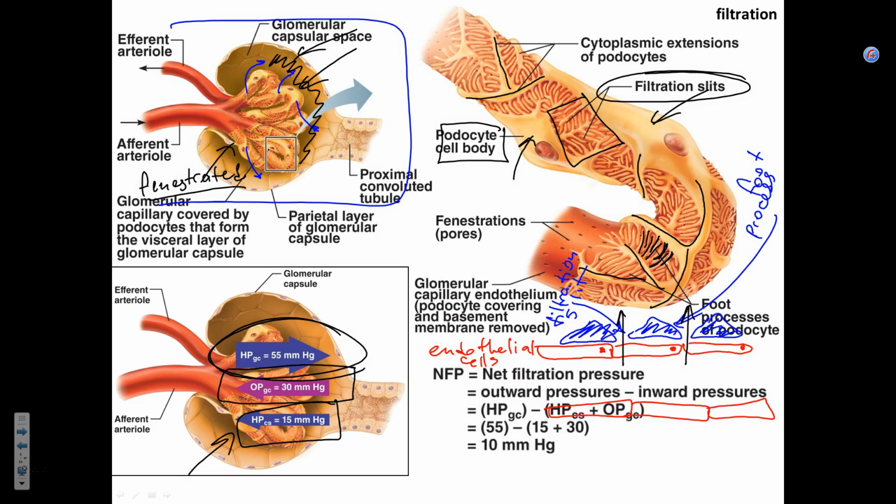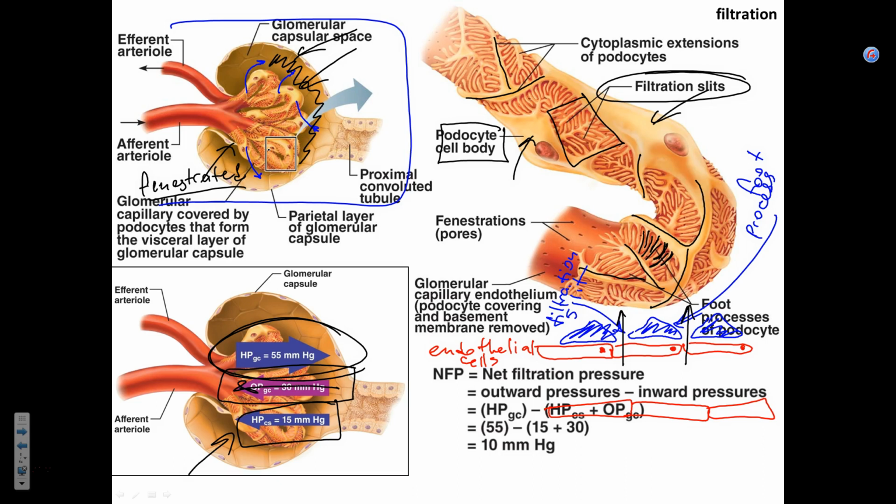Osmotic pulls it in, yes. So osmotic capillary pressure, formed by the blood proteins, mainly albumin, drives the fluid back into the capillary. The osmotic one is in the center, that's the purple. The one at the very bottom is the hydrostatic pressure from the side of the glomerular capsule itself.